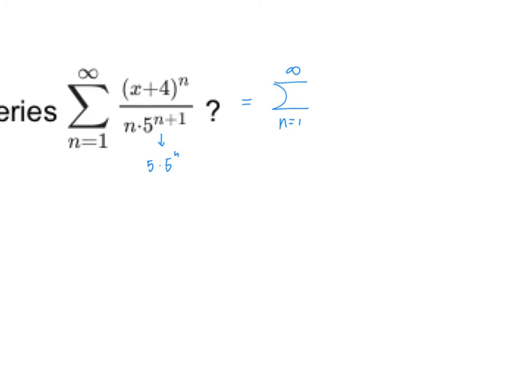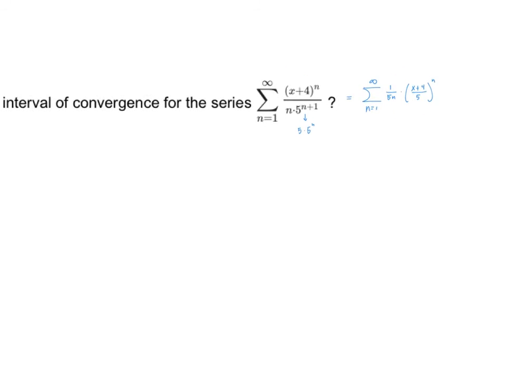And if you do that, so this n and this 5 will stay in the bottom. It's like 1 over 5n maybe. And then you can kind of make one big fraction, x plus 4 over 5 to the n, like that. Okay, and you could even pull out the 1/5 also if you want, but doesn't matter, I think.